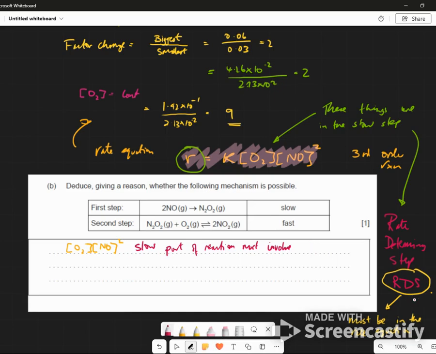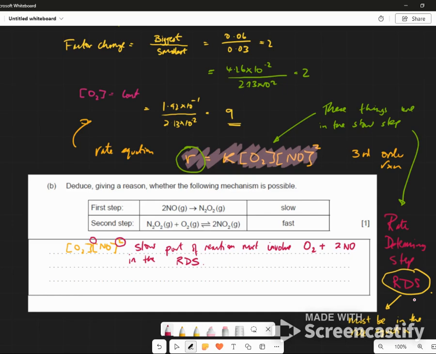It must involve an oxygen molecule and two nitrogen monoxide molecules, because that's what the order means. It means there's two of those and one of those in the rate determining step, in the slow step of the reaction. All right, so that's what it means.